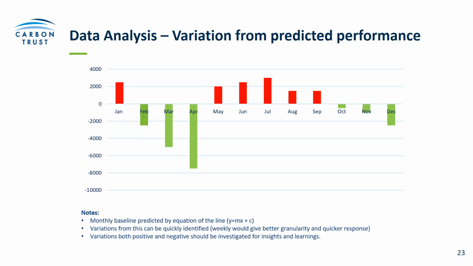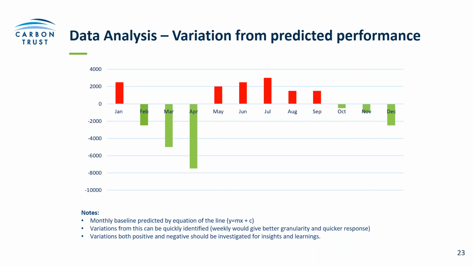Now, you're able to use that equation, where X is going to be your level of production. You drop that in the equation, and your Y value is going to be your predicted energy consumption. So where that begins to vary from the baseline, which is the output of the model, then it's really easy to graphically represent that.